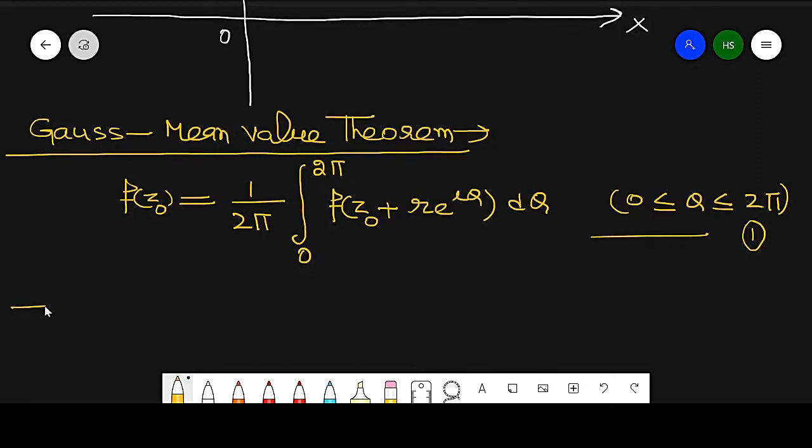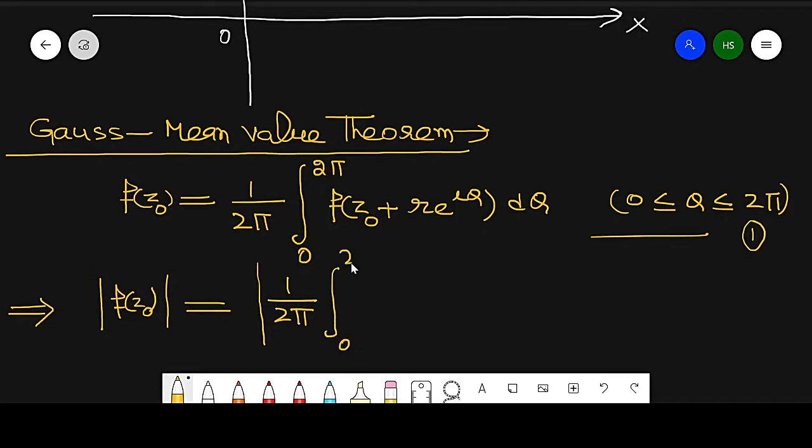It implies modulus of f(z naught) is equal to modulus of 1 by 2 pi integral from 0 to 2 pi of f(z naught plus r e raised to power i theta) d theta.